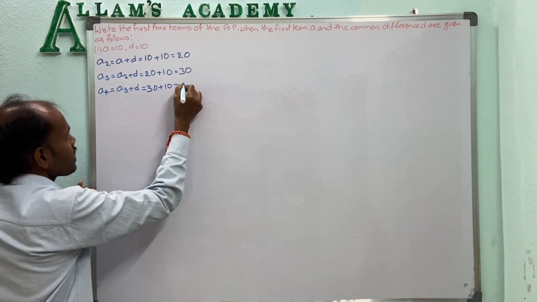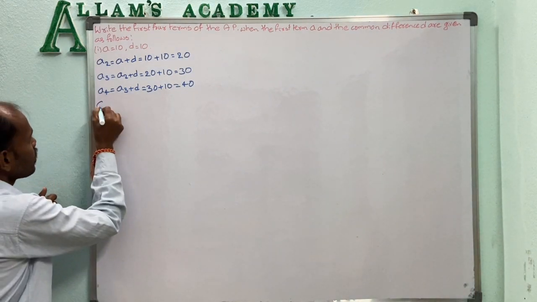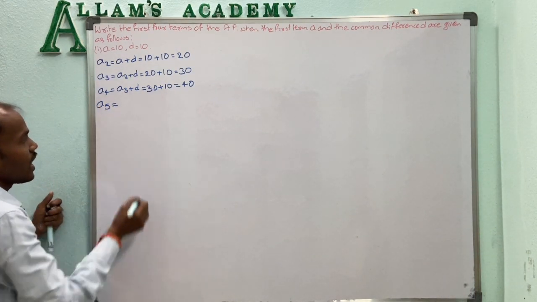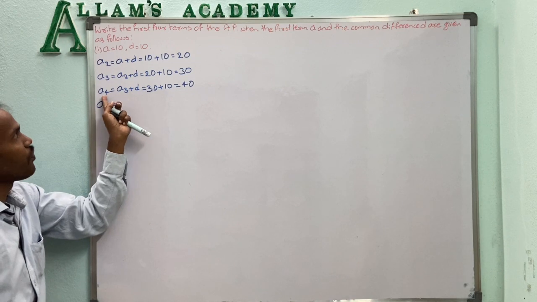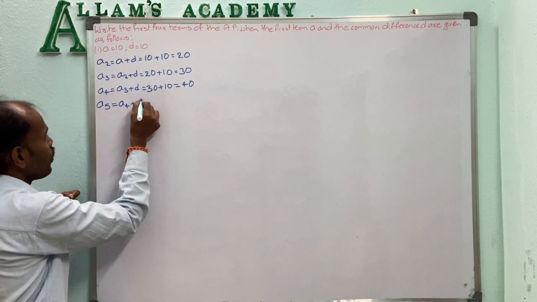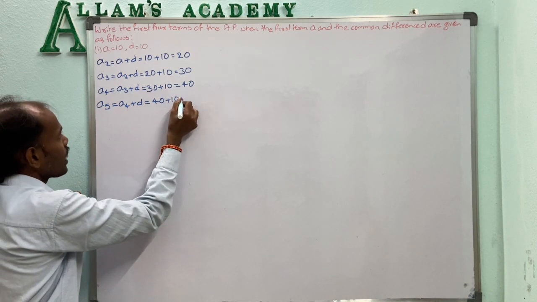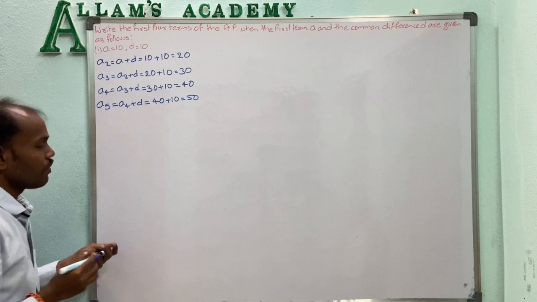So 30 plus 10 is equal to 40. Now the fifth term A5 is equal to A4 plus D, that equals 40 plus 10 is equal to 50.